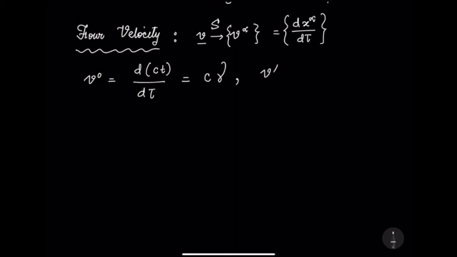If you calculate VL, which are the three spatial components, you will see that it is nothing but x dot L, where I'm writing x dot L for the spatial velocities dx/dt, dy/dt, and dz/dt, times gamma.